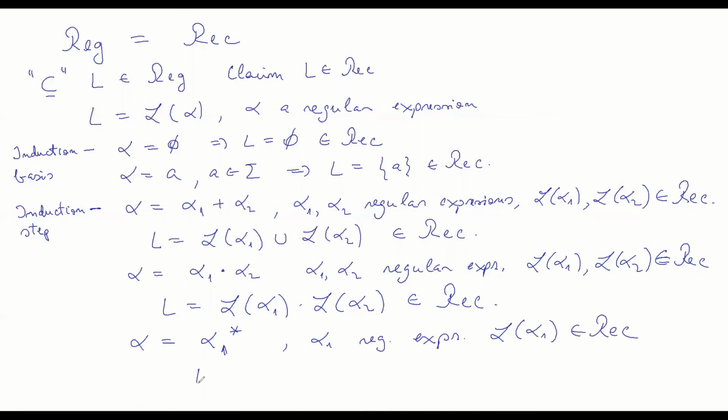And in this case, we have L to be the language of alpha 1 iterated. And again, we have proved in the previous lecture that the iteration of a recognizable language is a recognizable language. So really, all in all, this part of the inclusion holds simply because we can argue by structural induction based on all these closure properties we have proved in the previous lecture.